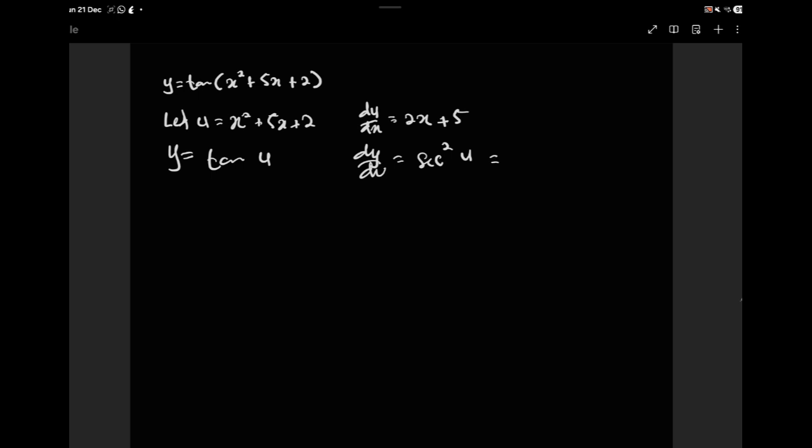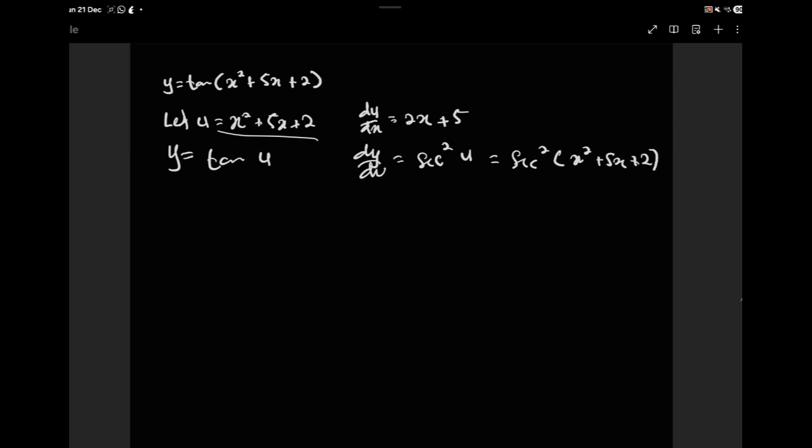And if we expand it, we can get secant squared, and u is all of this, secant squared of x squared plus 5x plus 2.